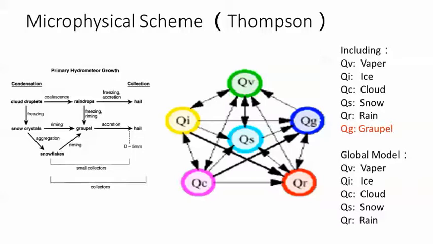In the real ice processes, typically a cloud droplet forms, freezes, grows into a snow crystal, starts collecting supercooled water droplets, and becomes a graupel that constitutes the hailstone embryo.